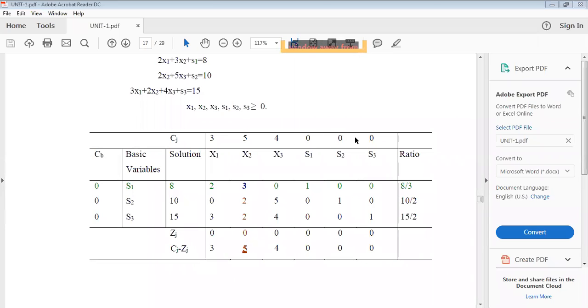So the Cj values are 3, 5, 4, 0, 0, 0, and the Zj values, how did you get this? Zj values: 0 into 2, 0 into 2, 0 into 0, 0 into 3, like this. If you add all this, the vertical column multiplied by the Cb, you will get 0. Similarly, all are zeros, so Zj is zeros.